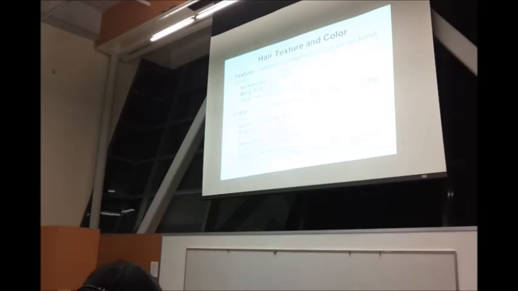If you have wavy hair, the cross-section is an oval shape. And when you have highly curly hair, you really have a flat hair shape. So it is straight, wavy, and highly curly. This is how it looks if you cut it horizontally.